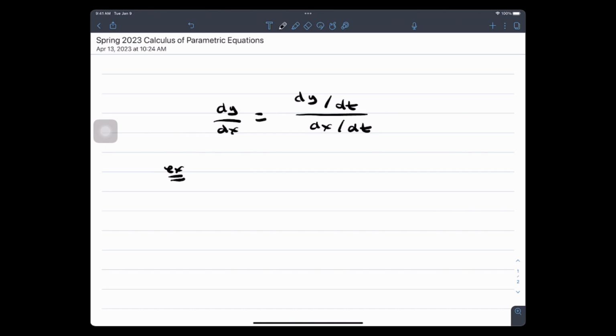Say they give you x equals e to the square root of t, and y equals t minus natural log of t squared.